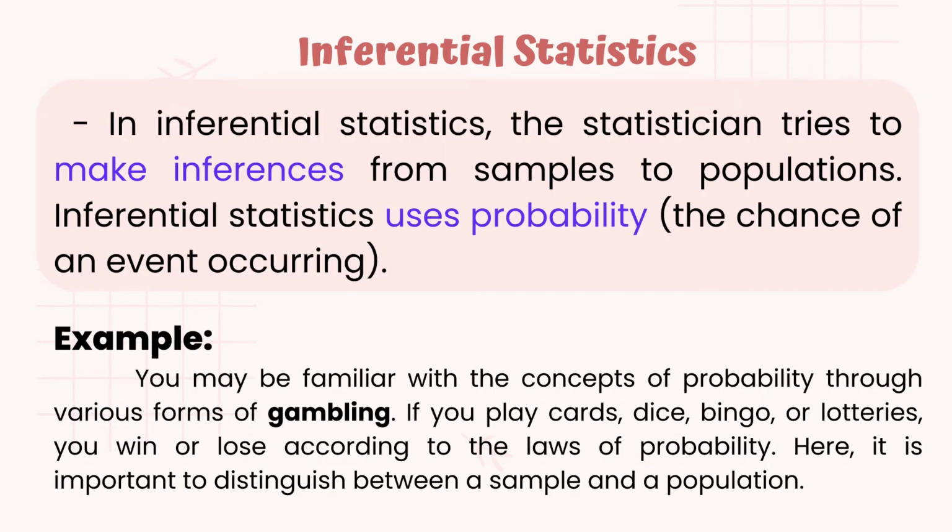Okay, so to understand it easily, when we say inferential statistics, the statistician tries to make inferences from samples to populations. So yung statistician or yung researcher, gumagawa na siya ng inferences or predictions or conclusions from samples to populations.